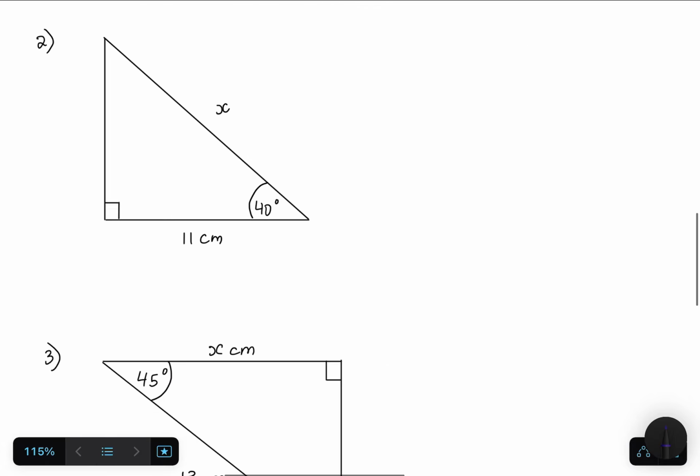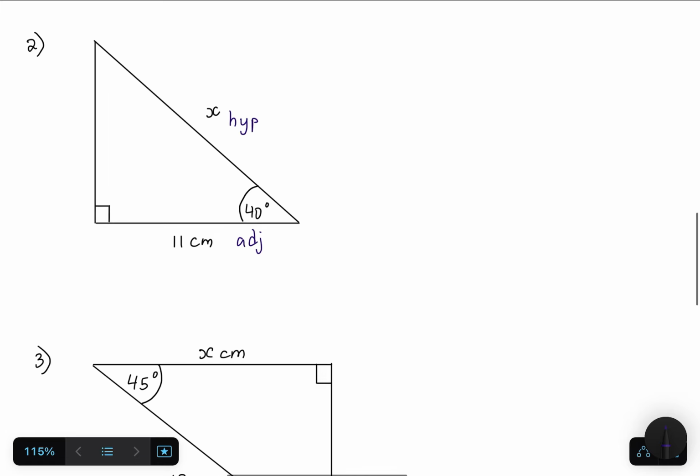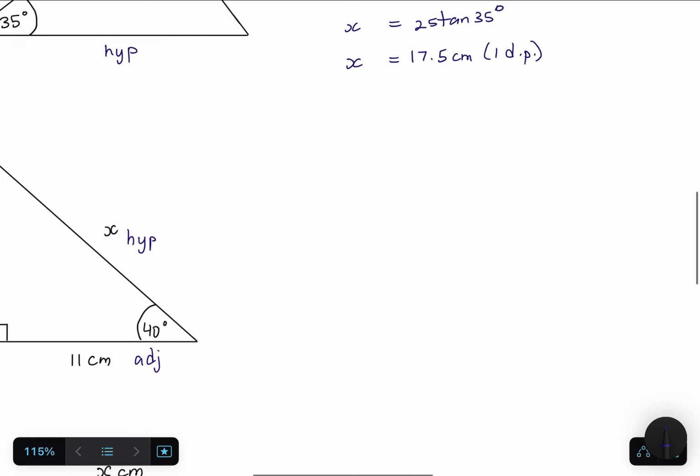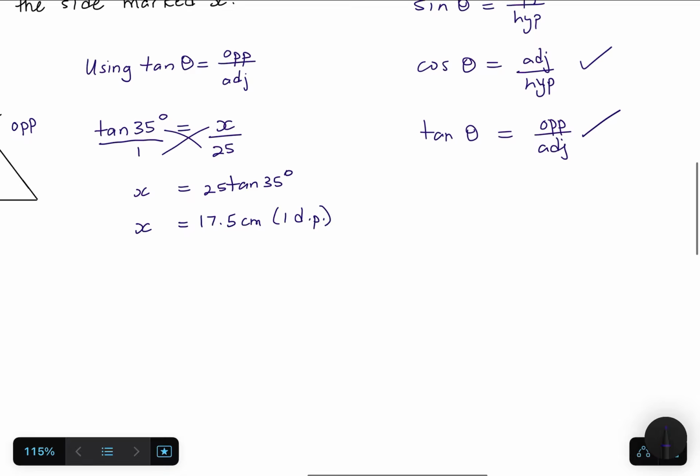Let's do another one. In number 2, first things first, let us label our sides. Now, x in this case is the hypotenuse since it is opposite the right angle. And the other side given here is the adjacent side because it's adjacent to the angle of interest. So the ratio that uses adjacent and hypotenuse is, let's look back here, cosine, right?